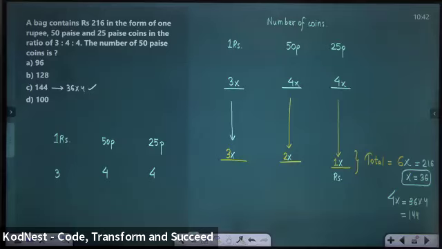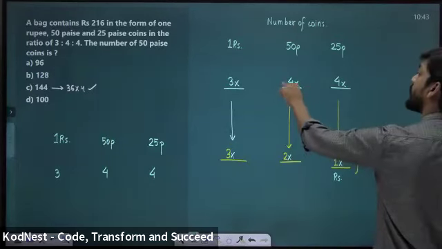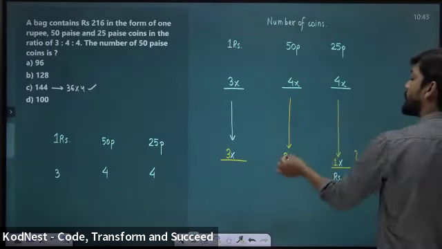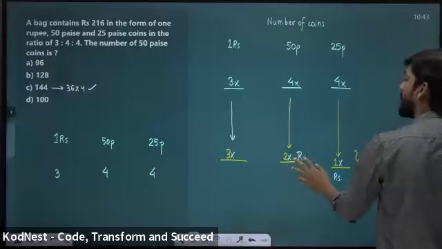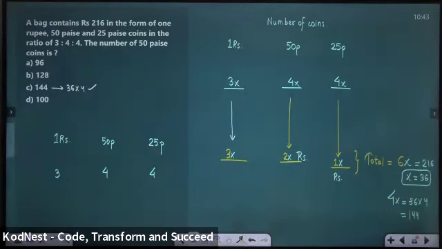For 50 paise, what values are there? One value is 4x, one value is 2x. 4x is the number of 50 paise coins. 2x is the rupee value of all the 50 paise coins. So what are they asking? The number of coins. So we will calculate 4x.